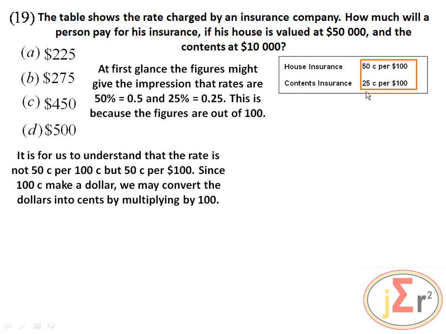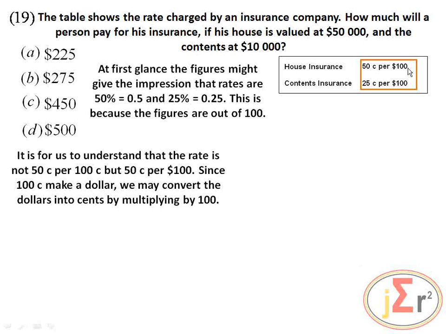Sometimes candidates will be hasty and make use of 50 cents per 100 cents, and they make a meal of the entire problem. But we are keen and we notice that it is $100. We need to convert the $100 to cents, and that may be done by multiplying the $100 by 100.